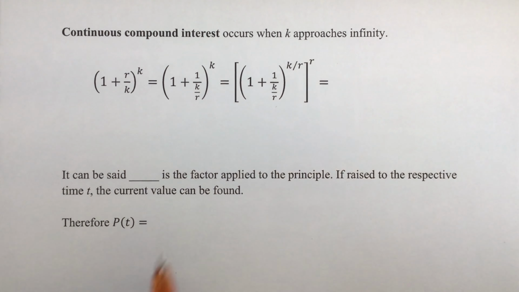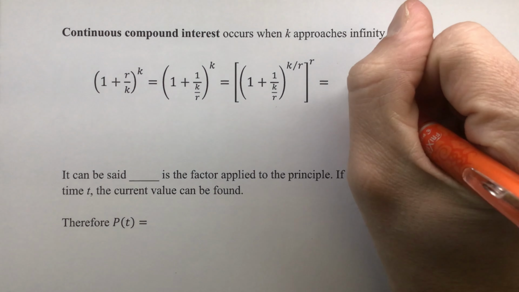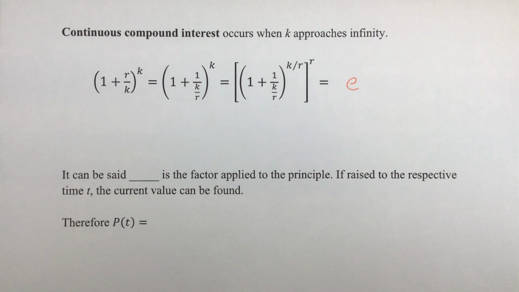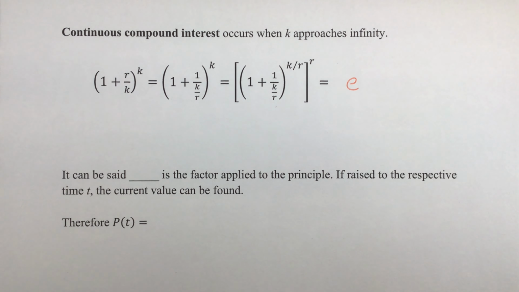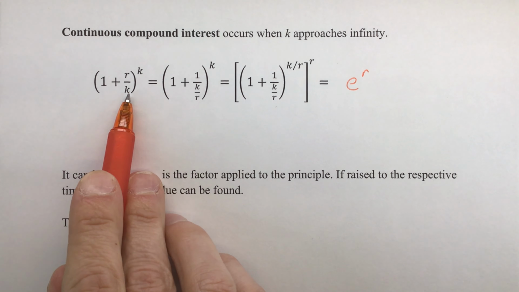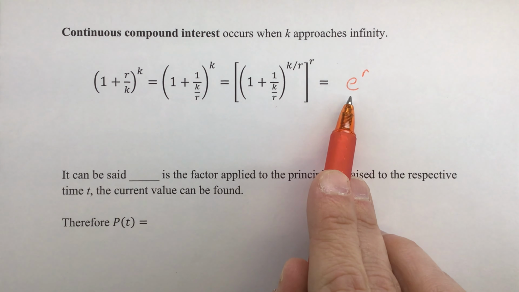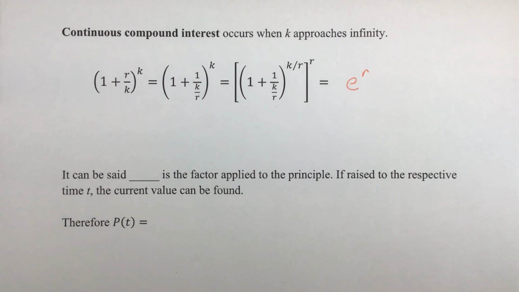And all of this could be represented as e. If we let k go to infinity, everything in here goes to e. But then you've got that one little extra thing, which is this exponent. And that's it. If we let k go to infinity, it will simplify down to e to the r power.